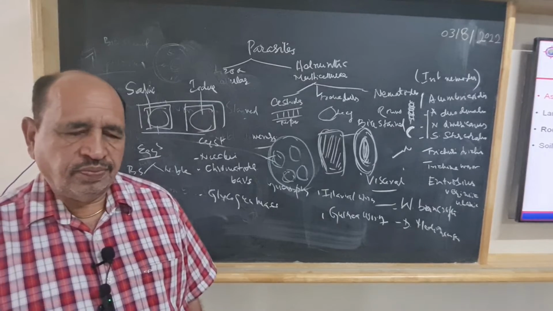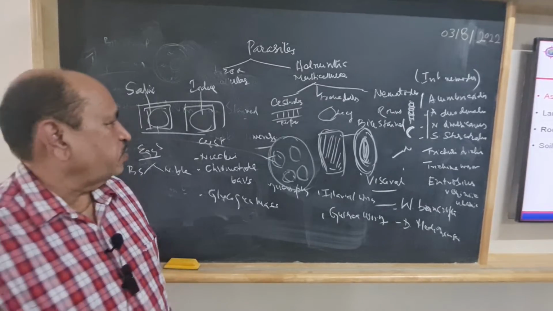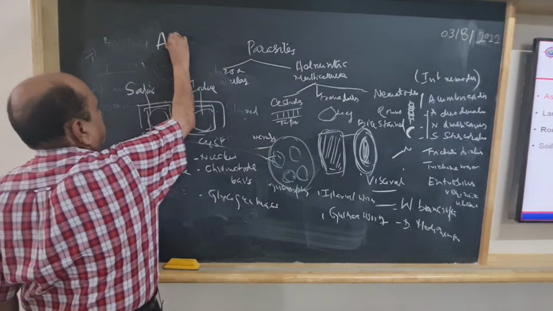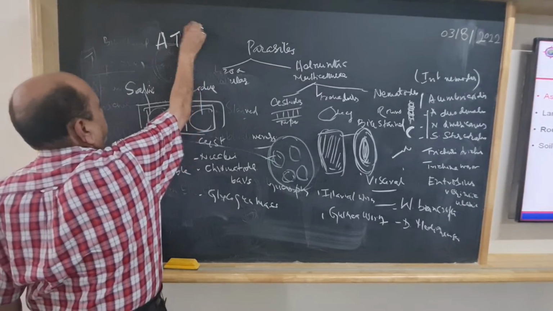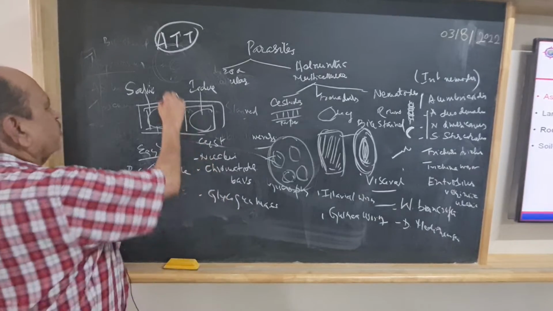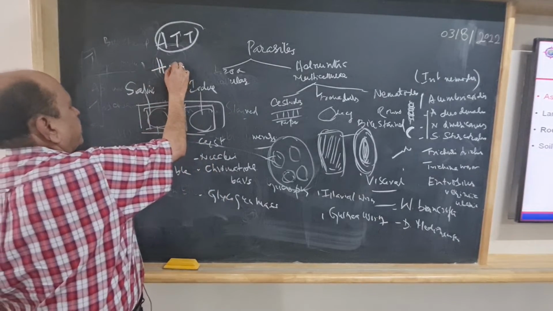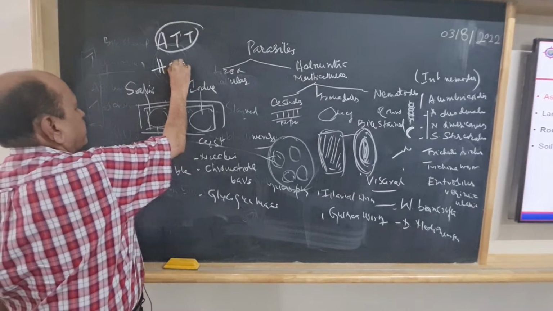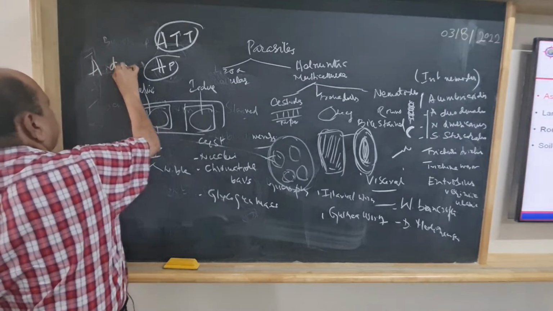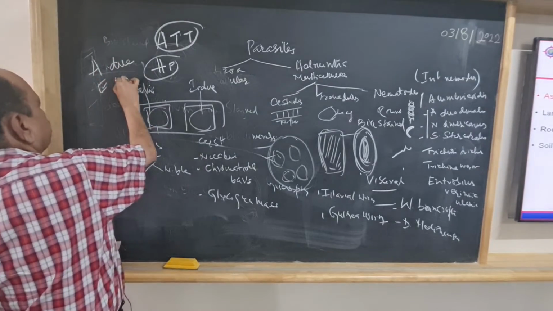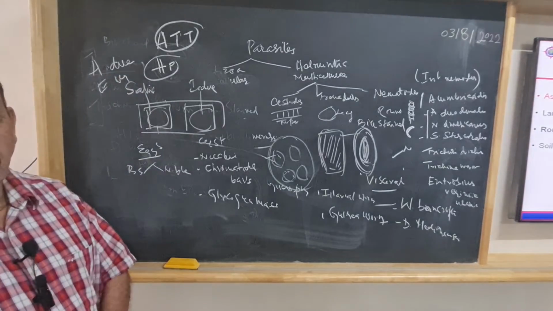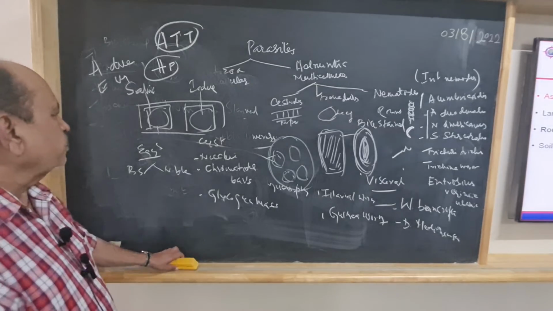Remember it as A double T. Non-bile stained are hookworms and pinworm, Ancylostoma duodenale and Enterobius vermicularis. AE or HP. Remember like this.